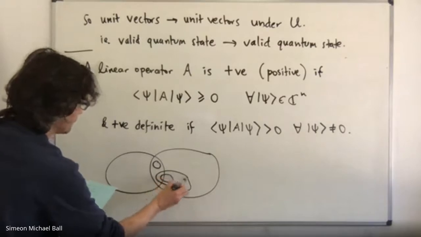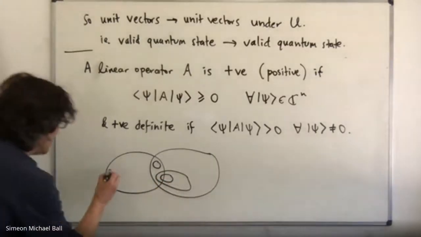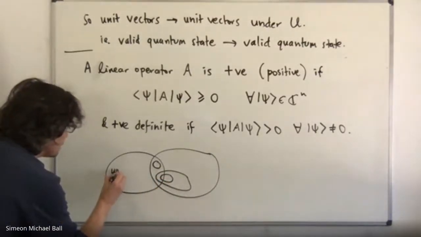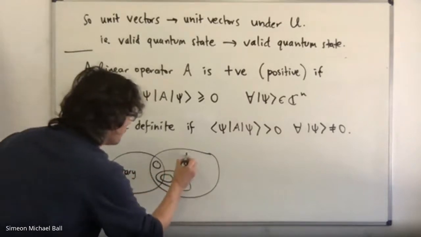Okay, so hopefully it's going to be big enough. Here we have unitary. Here we have Hermitian.